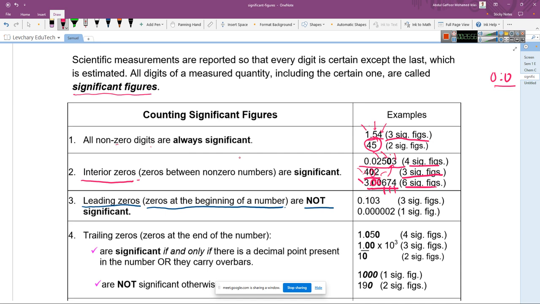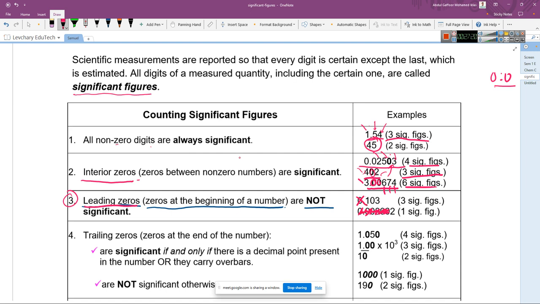Alright, ready to continue. And the third one: the leading zeros are not significant. No matter how many zeros we have at the beginning of a number, we will not count them. So here we will ignore this zero, and all these zeros.